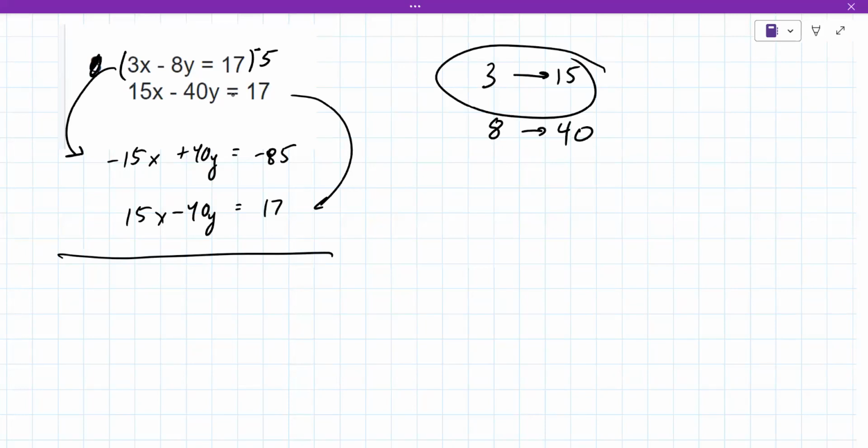Any questions for me on how to do that? No, so far I'm good. Just give me 1 second. So far what I have is like 36y equals -68. Okay.